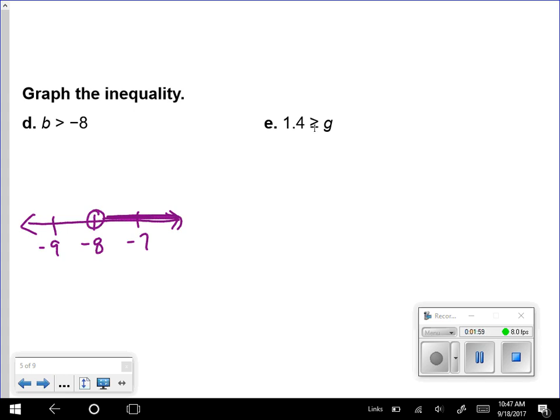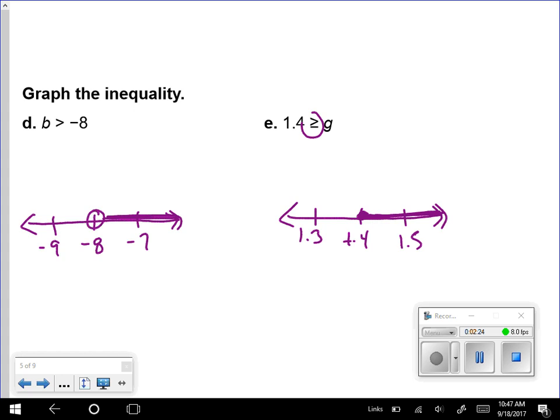For E, it doesn't change anything that it is a decimal. We could just go one to the left, one to the right. This time it's going to be a closed circle, and it is greater than or equal to, so shaded to the right again.